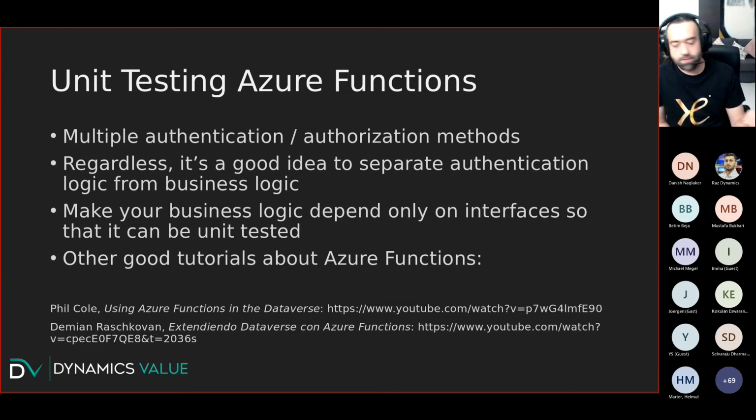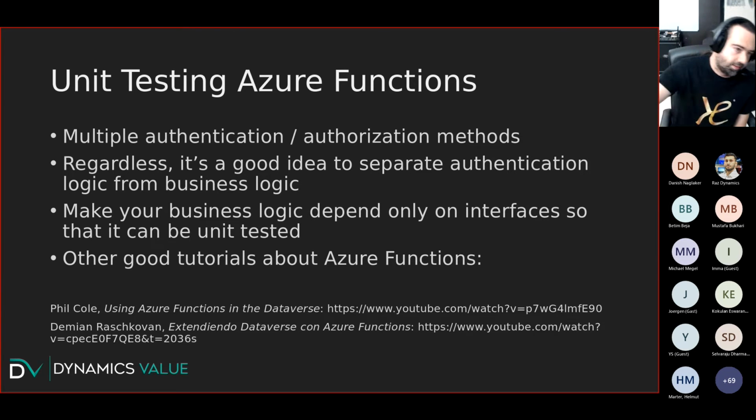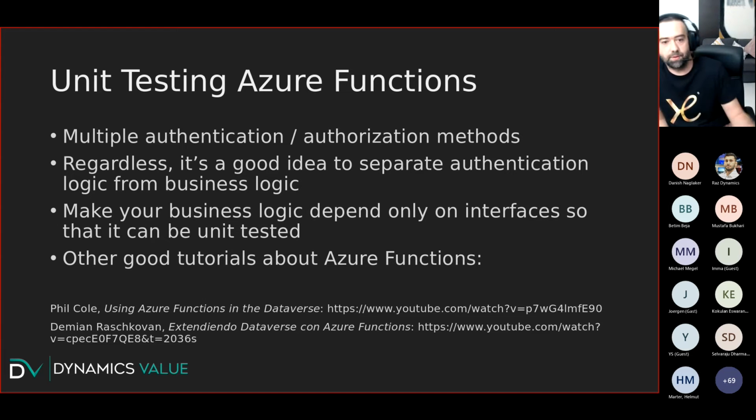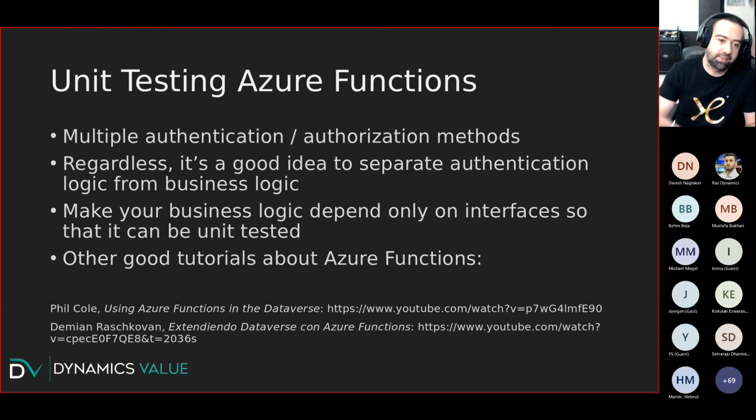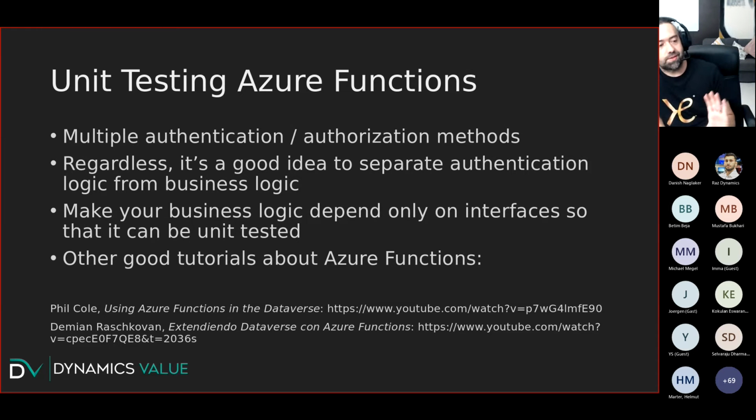For example, if you use an Azure function to create a contact against Dataverse whenever you receive a message from Service Bus, then the logic to create that contact can depend only on the IOrganizationService interface, or the IOrganizationServiceAsync interface, which is new in the database client package. You just set up the initiation and authentication logic at the beginning, but everything else can rely on the interface, and so you can use dependency injection and things like that.